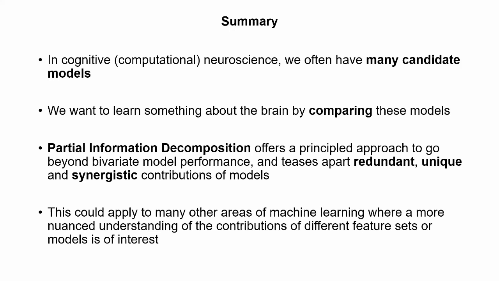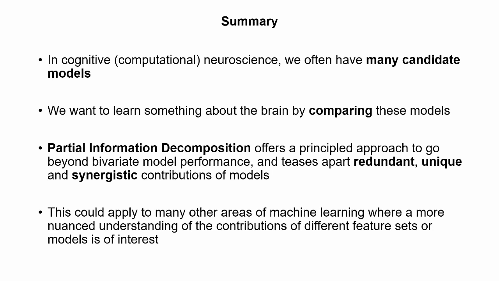And so I would hope that this is also applicable to problems that you guys have, where you have some other machine learning problem and you're interested in some more nuanced understanding of how different feature sets or different models are contributing to your performance, right?